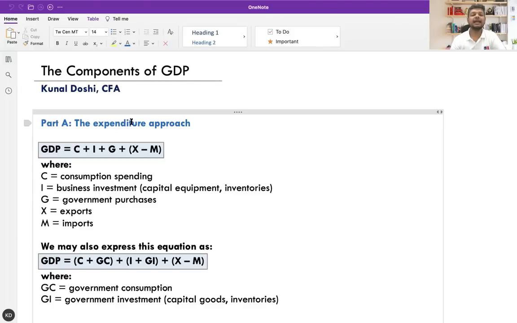Now, the basic equation of GDP is C plus I plus G plus X minus M. Many people are aware of this. What is C? C is consumption spending, meaning what you and I spend, how much we spend as consumers. I is the investment in the economy. Who does investment in the economy?